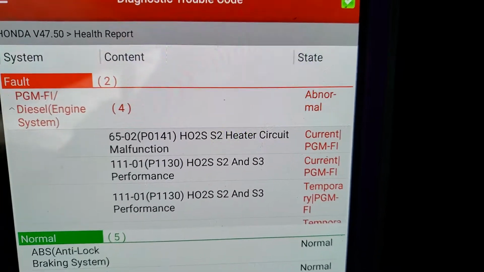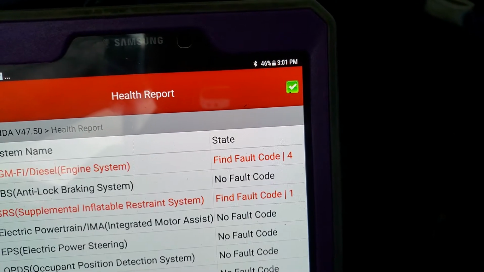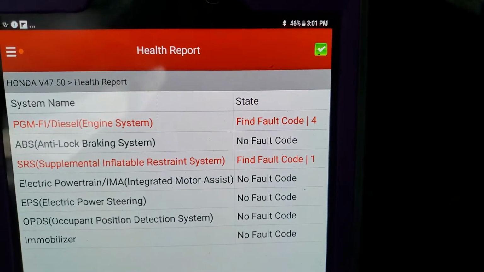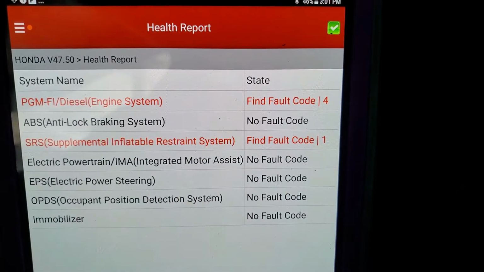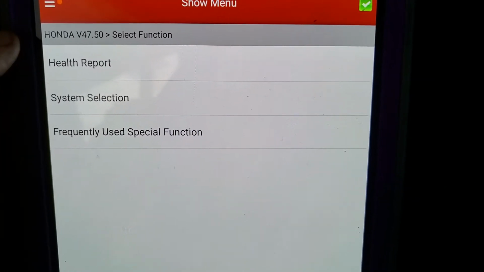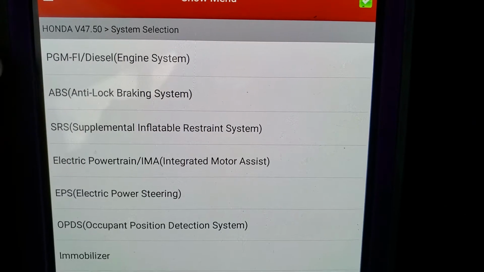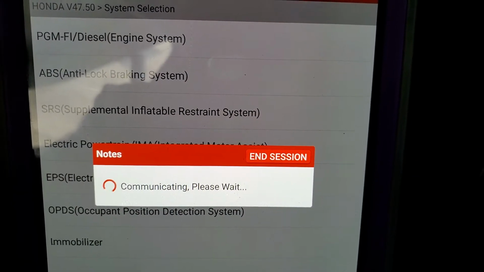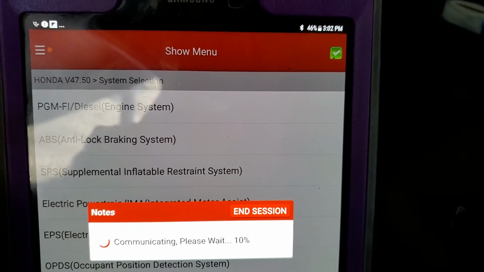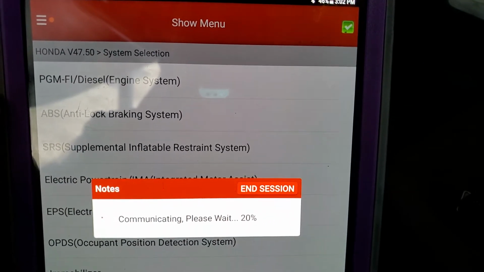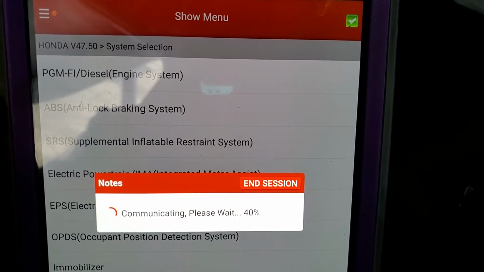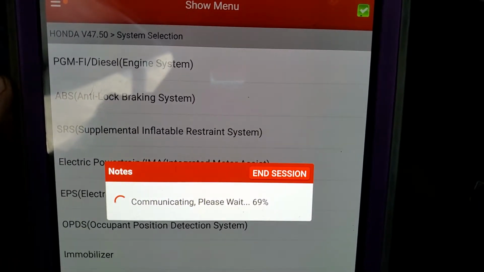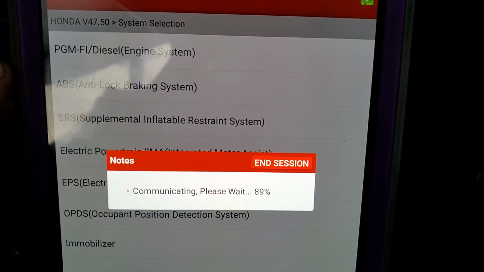Let's go to data. System selection. Yeah, I went all the way back, but we should be checking only that computer right now, and we're gonna find out about the data related to the heater air fuel sensor.